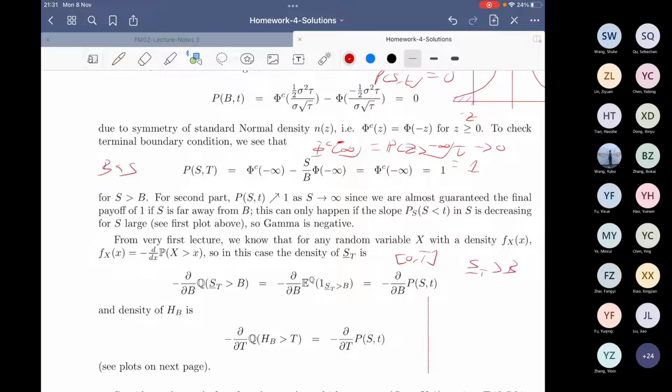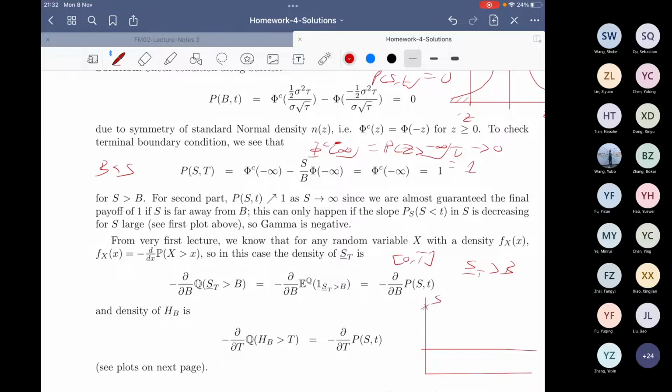So if S0 is here, say, so here's our stock price, HB is simply the time here on the time axis at which the stock price eventually hits the level B.